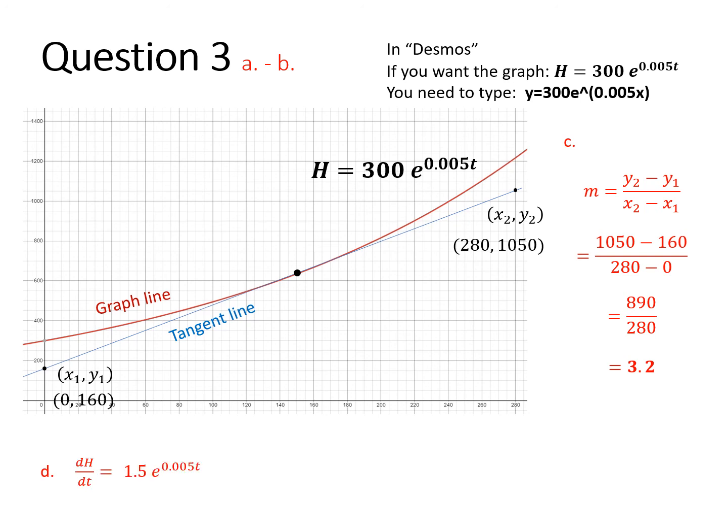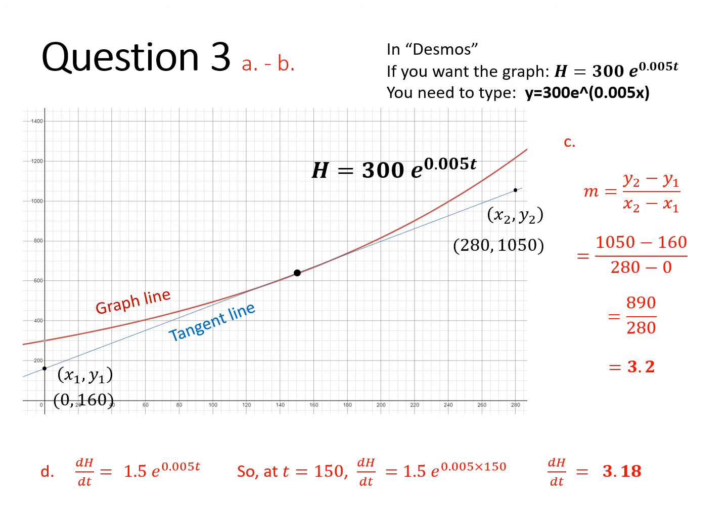That's now differentiated. To find the gradient when t equals 150, we just need to put 150 into that equation instead of t. And if you do that and type it carefully in your calculator, you should get a gradient of 3.18. Now that's very close to the answer I got with the graphical method.